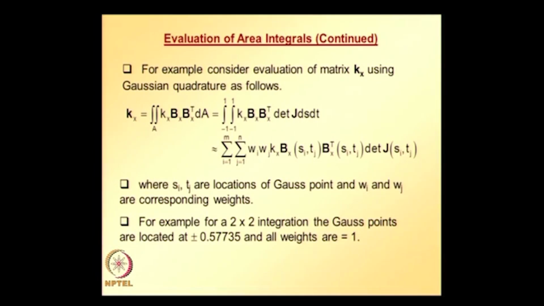That means we need to use all combinations to get the coordinates of all the 4 integration points, and weight at each of these integration points is going to be 1, because weight in the s direction is 1 and weight in the t direction is 1.